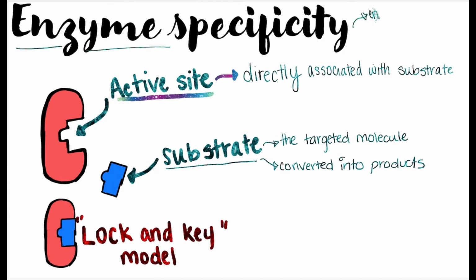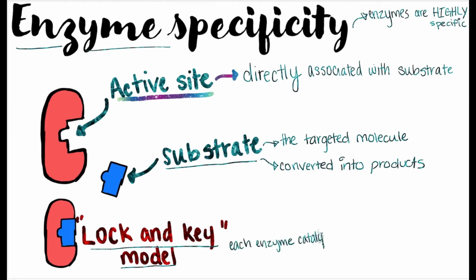Enzyme specificity, the concept comes from the fact that enzymes are highly specific. Your active site, you see how it matches your substrate. So this also brings in the lock and key model. That's the concept that each enzyme will only catalyze that one specific kind of substrate.